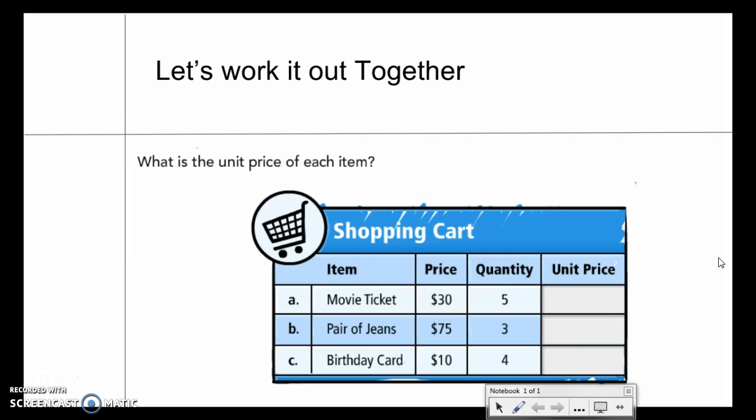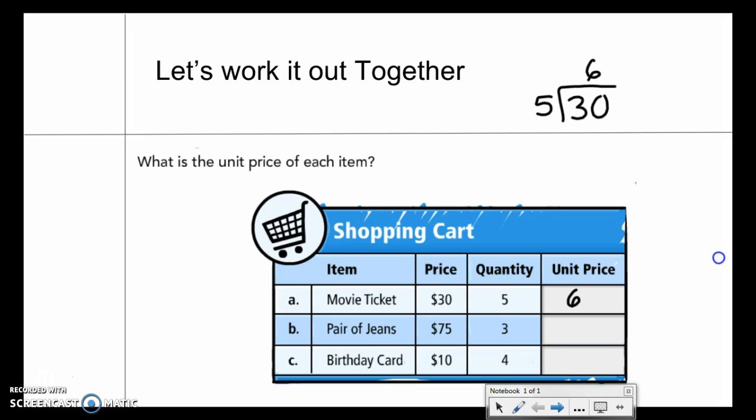Well, you've got to figure out how much each movie ticket costs so that you know how much to pay them back. So you would do the amount of money you spent divided by the amount of items you got. 5 goes into 30 6 times. So the unit price is $6.